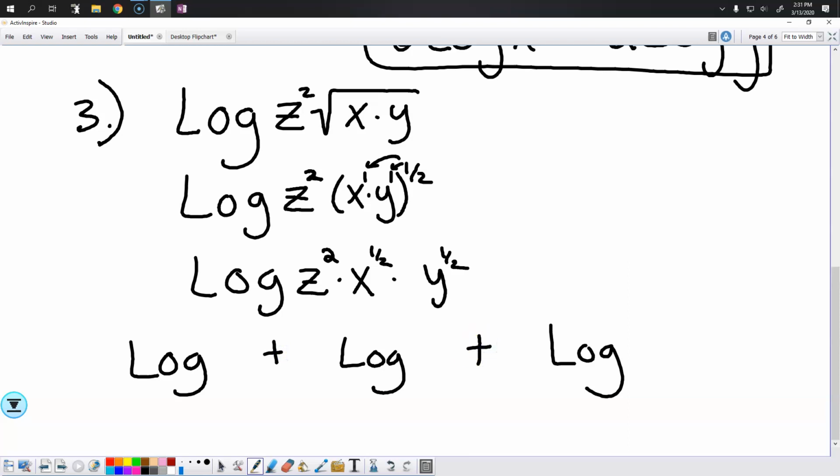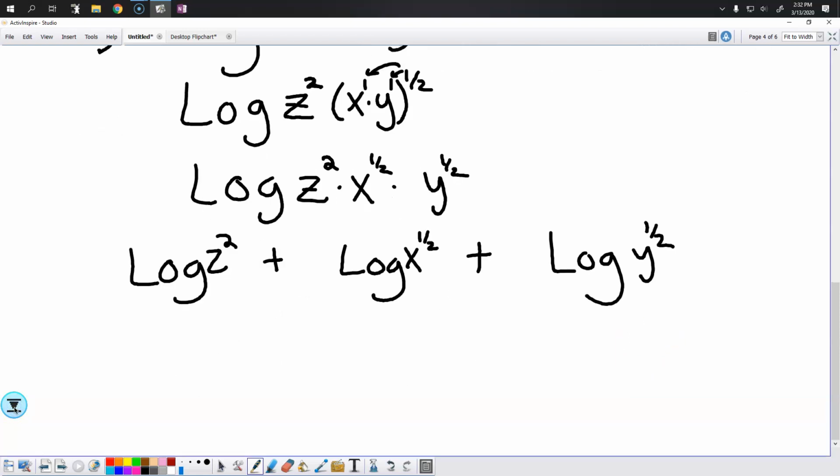If one of them was a division, if you had a fraction, that one would be a minus. But if they're all multiplication, it's plus. So it's going to be z squared here, x to the half here, and y to the half here. Now what do I do? Rule 3, 2 goes in the front.